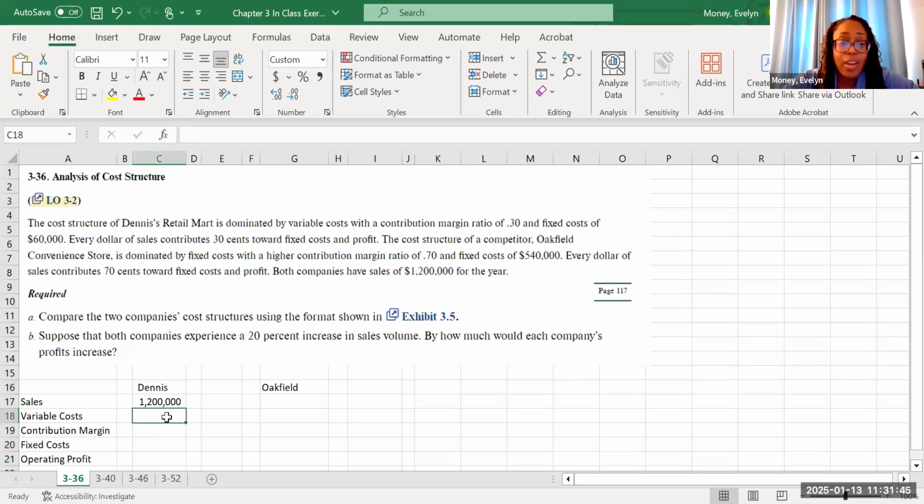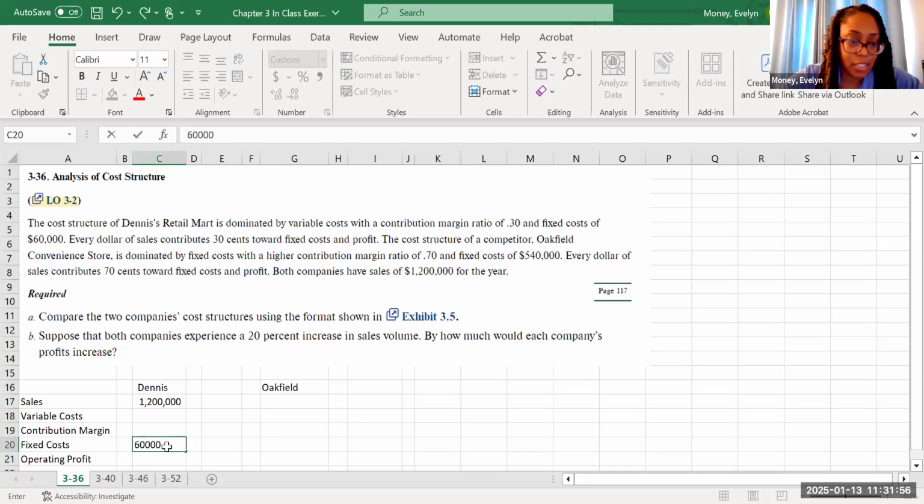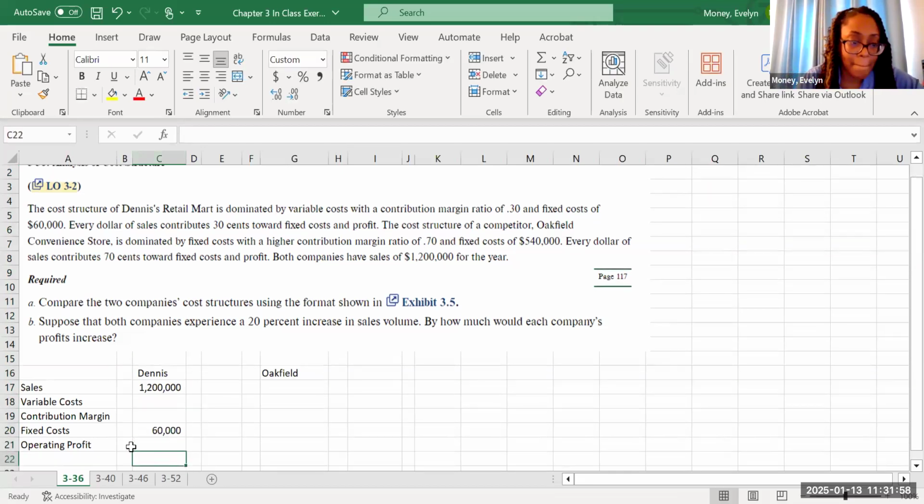I'm only dealing with what I know right now. We were told that there's a contribution margin ratio of 30% and fixed costs of 60,000. I don't know my operating profit as of yet. So I'm missing a little bit of information, but I was told that the contribution margin ratio was 30%. So everything that we see in this column here will be percentages.